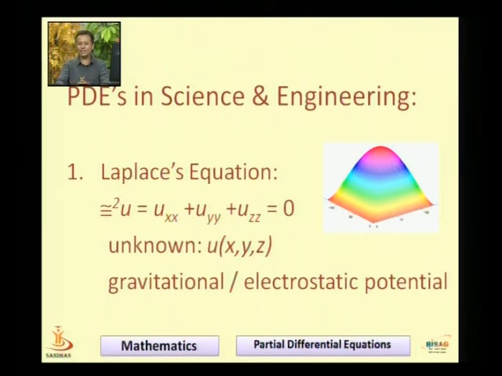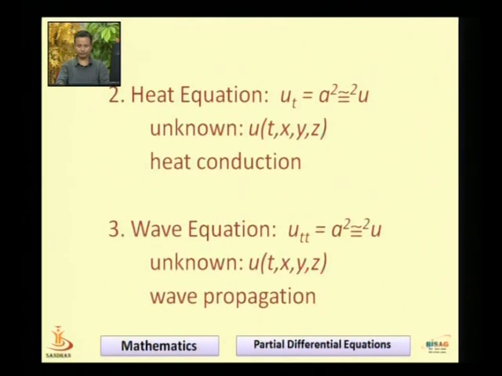Here it is written for 3 variables x, y, z. It is nothing but uxx plus uyy plus uzz equal to 0. That is del square u by del x square plus del square u by del y square plus del square u by del z square equal to 0, where u is considered as a function of 3 independent variables x, y, and z. So this is the Cartesian form of Laplace's equation.